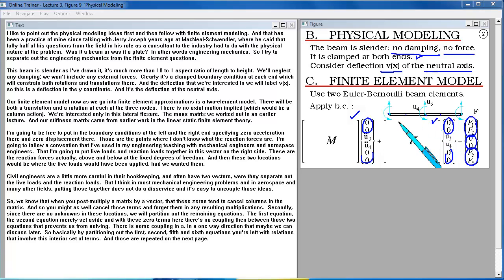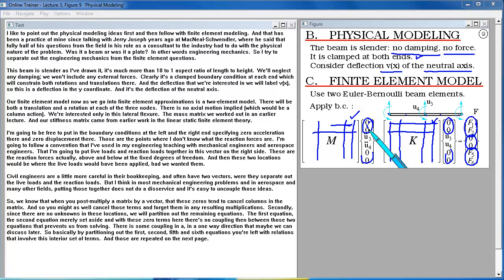So we know that when you post-multiply a matrix by a vector, these zeros tend to cancel columns in the matrix, and so you might as well cancel those terms and forget them in any resulting multiplications. Secondly, since there are no unknowns in these locations, we will partition out the remaining equations. The first equation, the second equation are merely set aside.